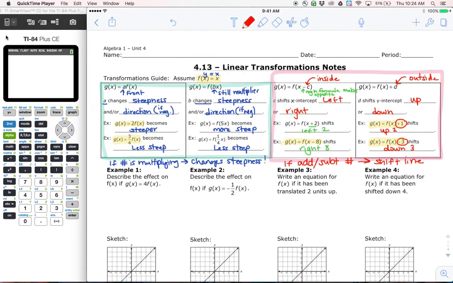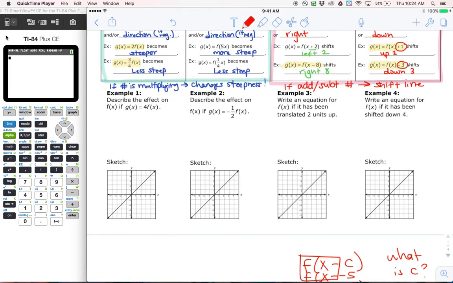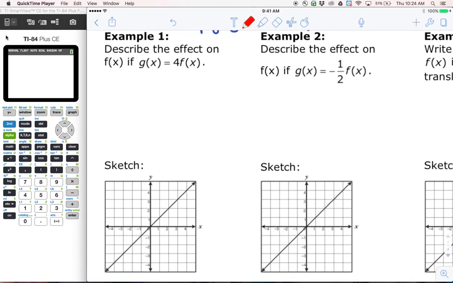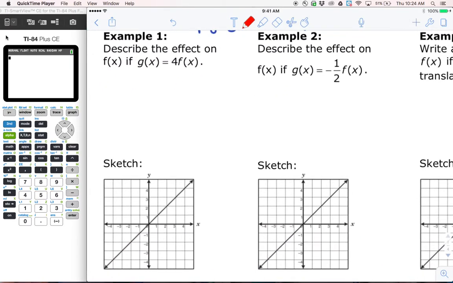Let's get some good examples going here. I think this will help. This is probably more like the verbiage of a test question. In example number 1: describe the effect on f of x if g of x equals 4f of x. Please notice that there is literally only one number, this 4, and you're supposed to know that this 4 is multiplying.